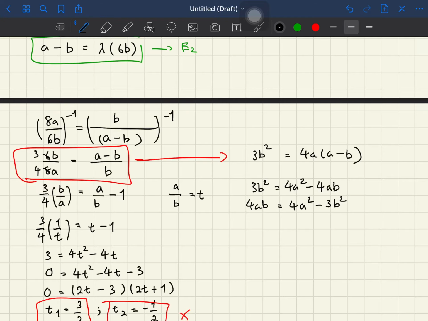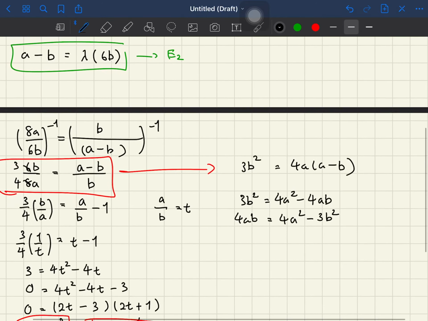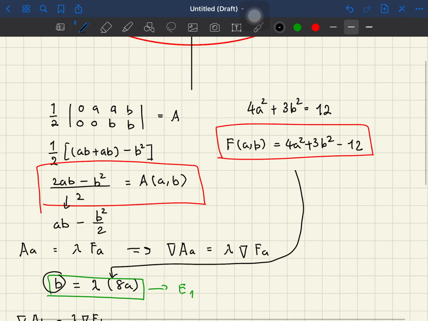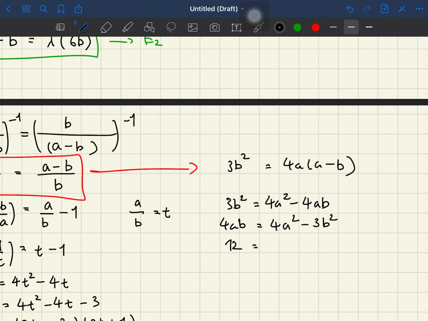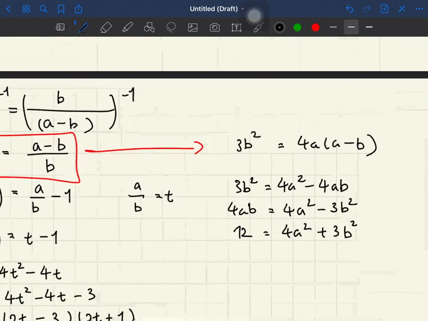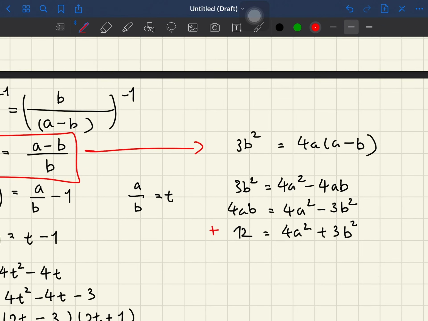As you can see, this has something to do with your constraint, because your constraint is 4A squared plus 3B squared equals 12, which is this one. So you can eliminate by adding these two things up.